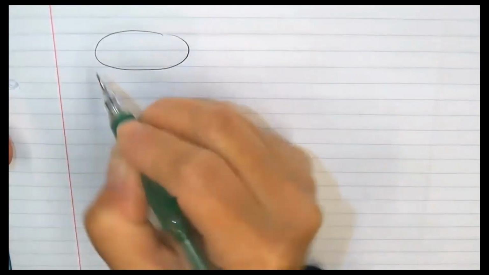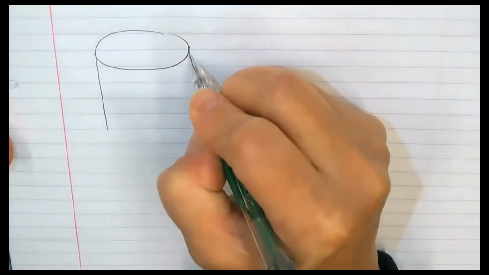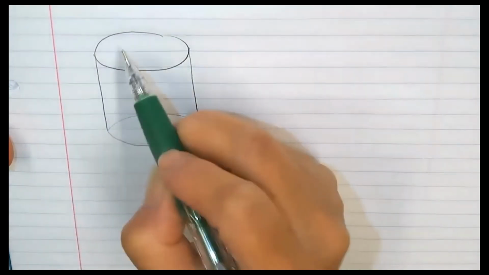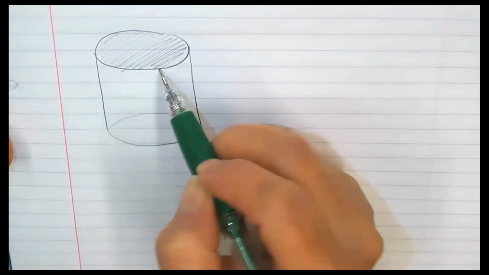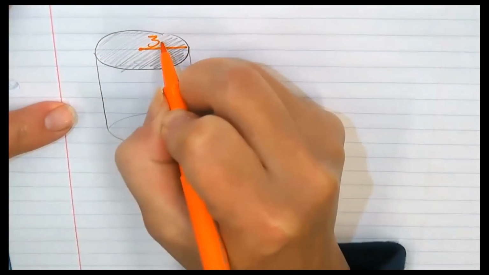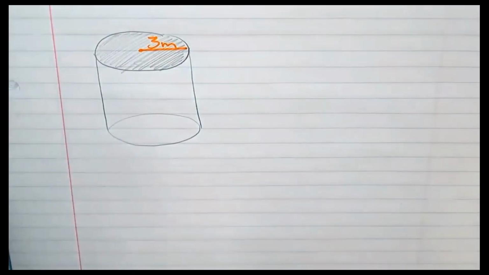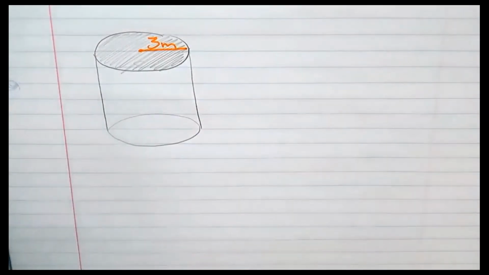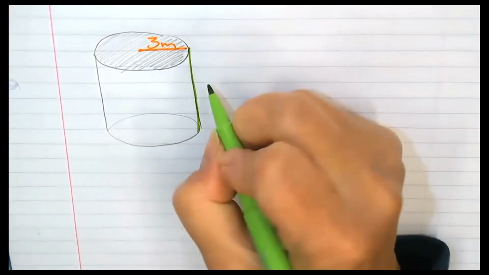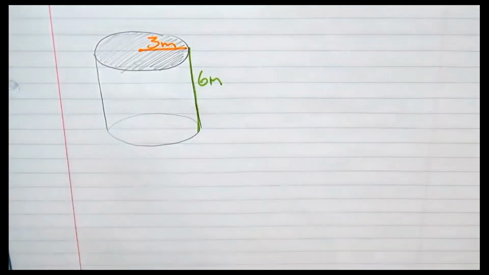Okay? So the book has given us this example. So we have our circle base up here. This is our base. They're telling me that the radius is 3 meters and the height is 6 meters.